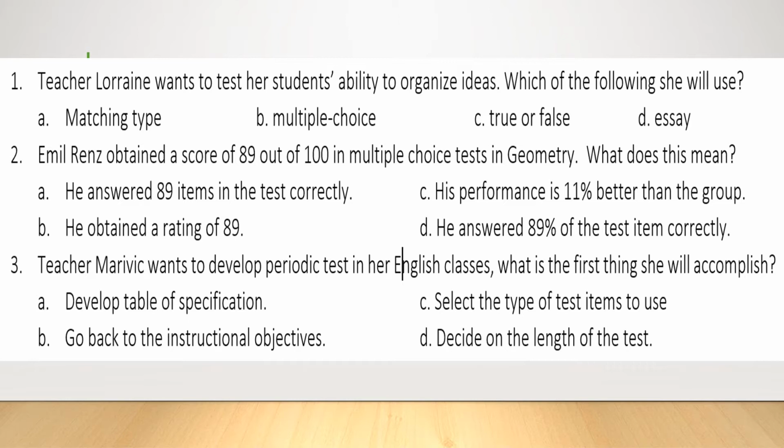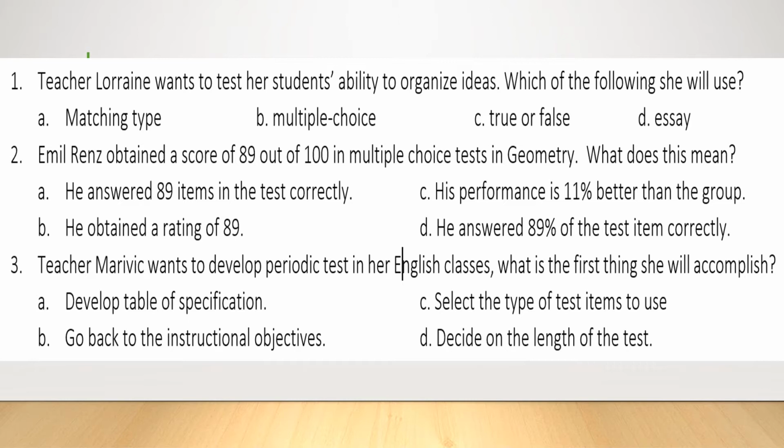So let's try to focus our attention on letter D. He answered 89% of the test item correctly. Remember, 100 ang test na gihatag sa teacher ngadto nilang Emil. So correct ni siyang 89% of the test item correctly. Nga naman, kay 89 out of 100 may nakuha ni Emil sa ilang test.